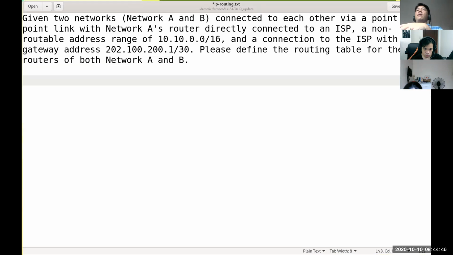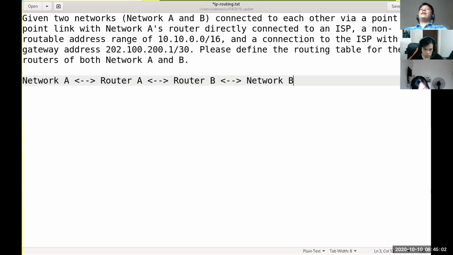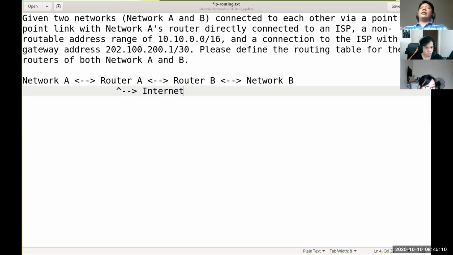So first, let's determine the topology. You have network A connected to router A, which is connected also to router B, which is connected to your network B, right? At the same time, you have your router A also connected to your internet.